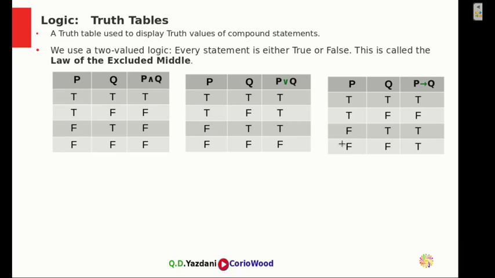So keep in mind this one: false and false becomes true in the implication. So P is true, and think of this as: if you get an A, then I'll do this. If you do this, then I'll do that. If you're looking on top, this is true, and at the bottom, false and false becomes true, because you didn't get an A in your class.